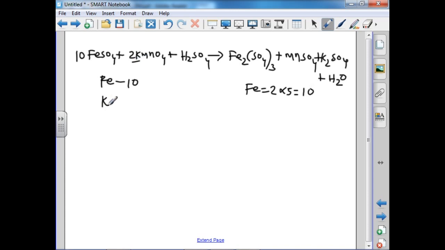So potassium reactant side 2. Product side is 2, so balanced. Next one is Mn. Reactant side 2, but product side 1, so multiply with 2 equal to 2.